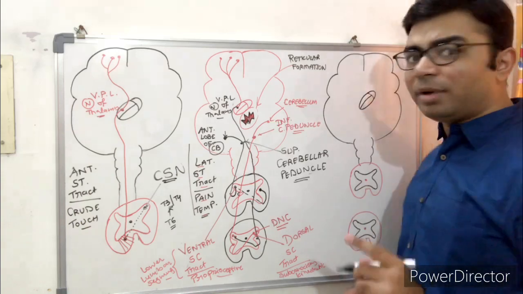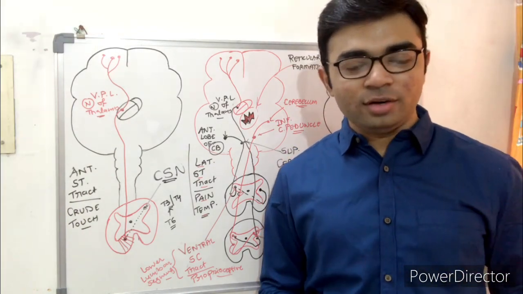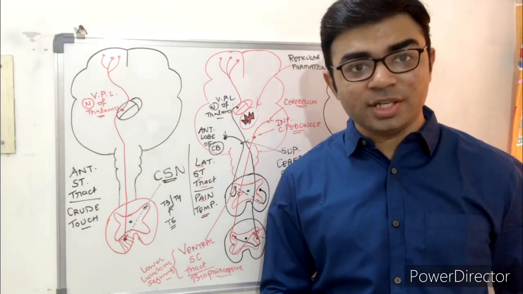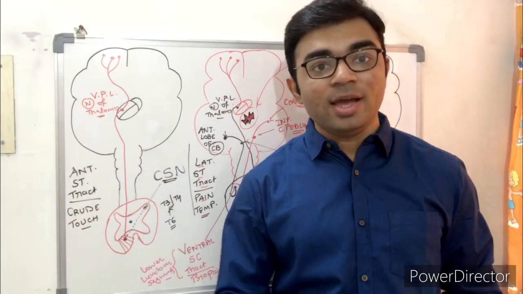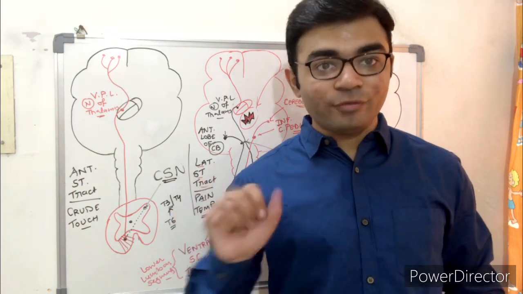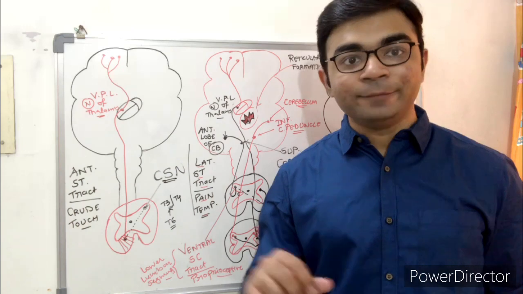And I mentioned in my previous video that the lateral horn, which is a very small projection present from the first thoracic to the second lumbar segment, contains a cluster of neurons known as the intermediolateral nucleus.